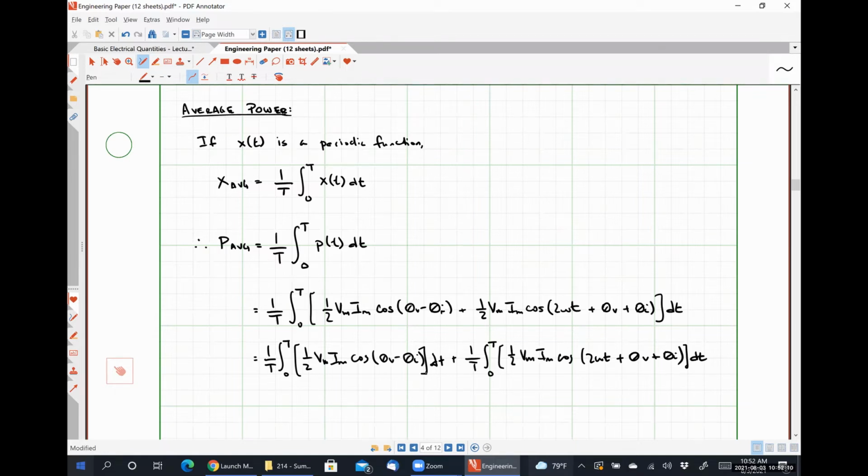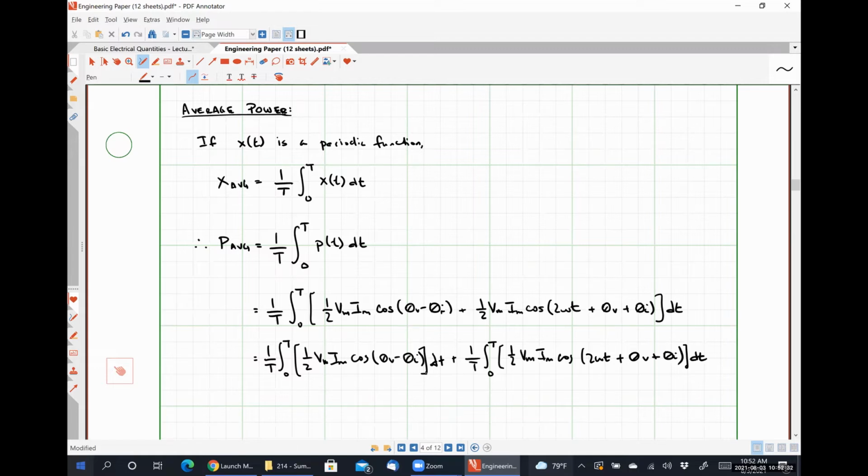So what happens when I integrate the first part? Anybody have any thoughts? Could we pull out 1/2 Vm and Im?